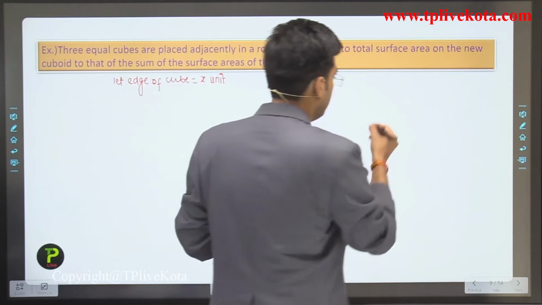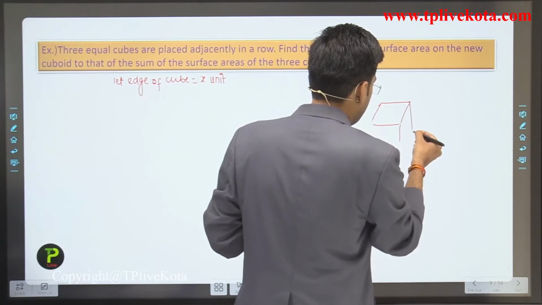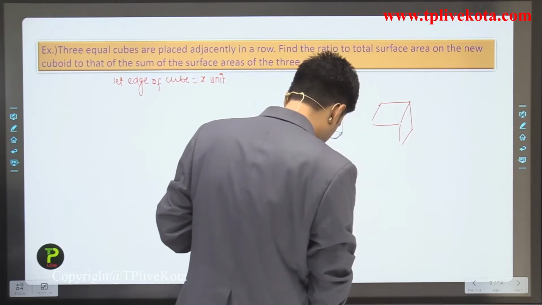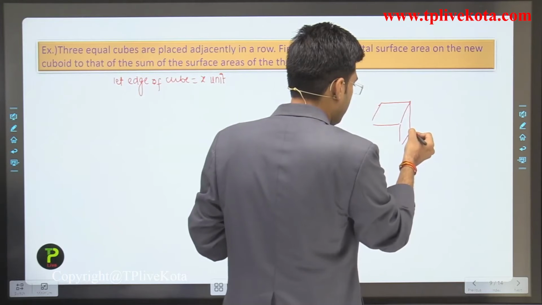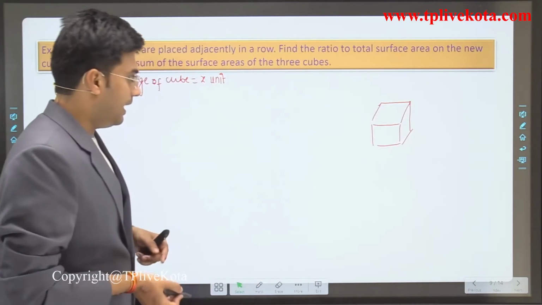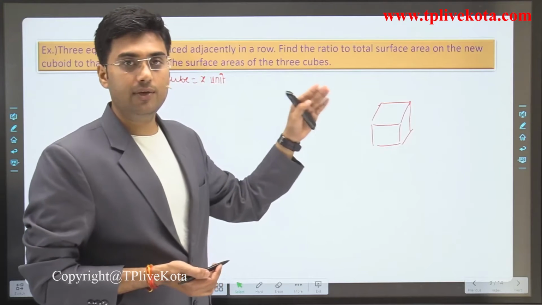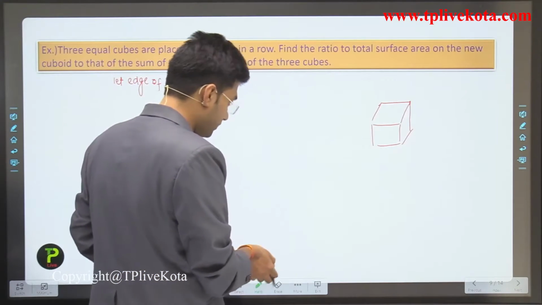Now let this be the cube of x unit. Clear? And we have to place 3 cubes adjacent to each other.